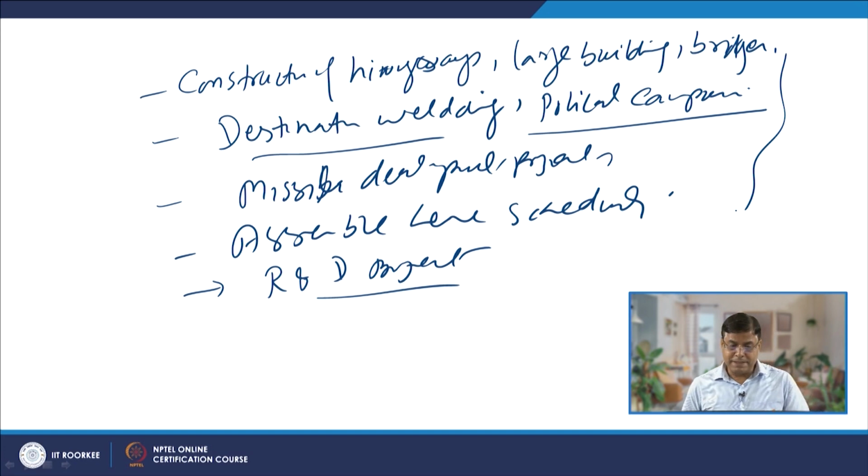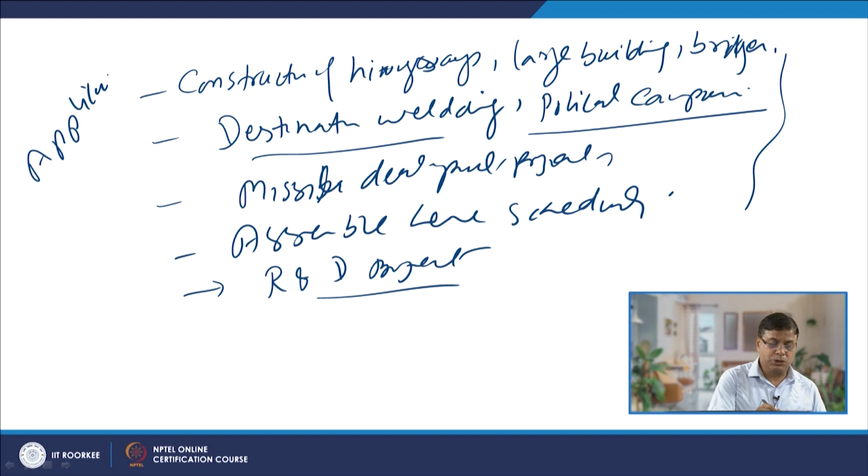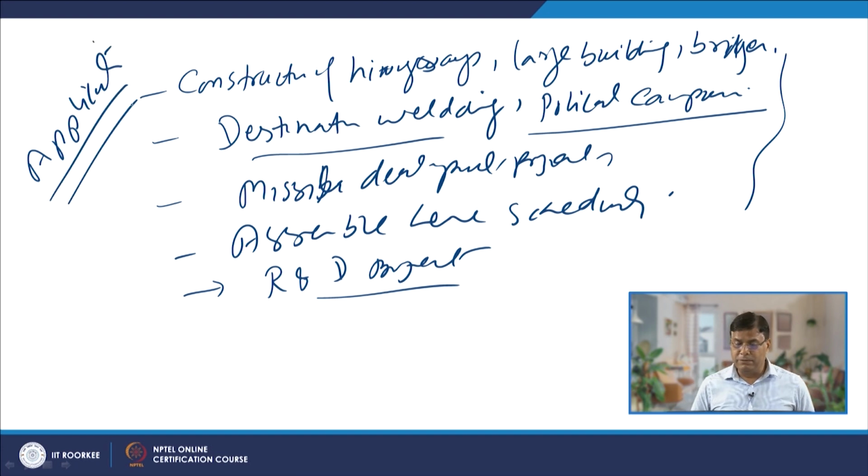So, these are the various applications where network modeling can be applied effectively. These may have thousands of activities which are to be done by a very large number of contributors.